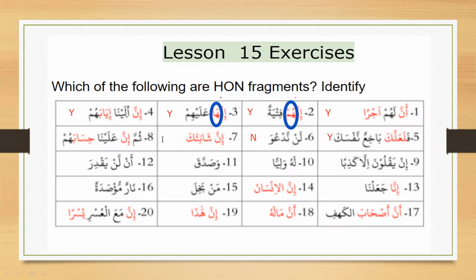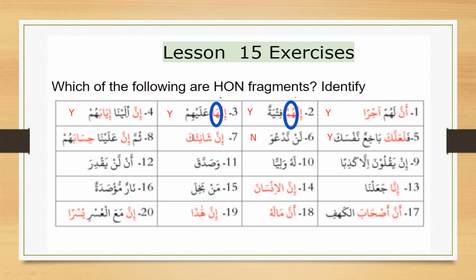But over here, inna sha'niyaka. So inna is the harf of nasb. And sha'niya ka is mudaf ilayh, but the first one, which is mudaf, is nasb in status. Shani'a, right?